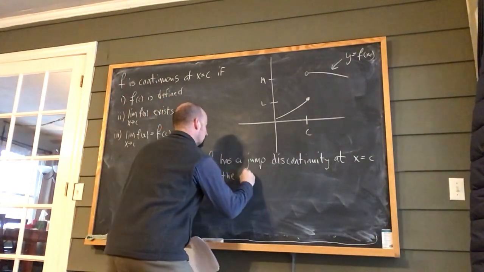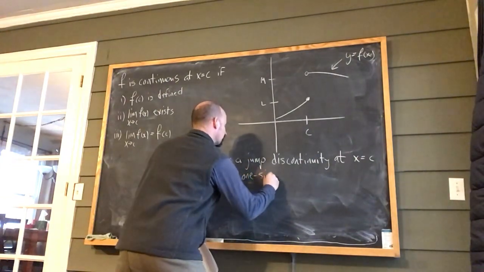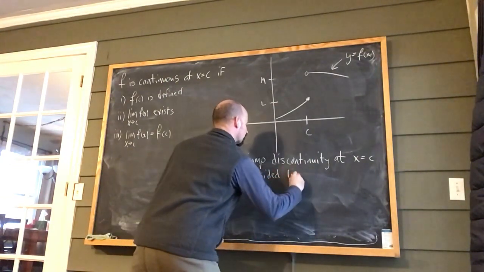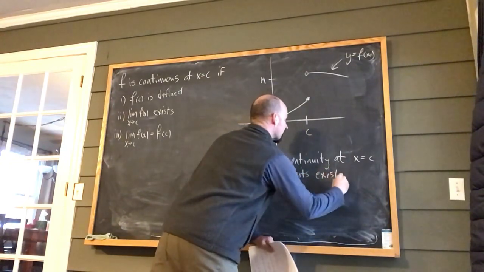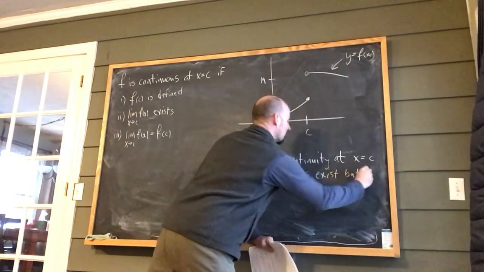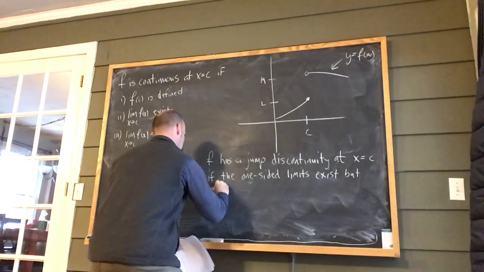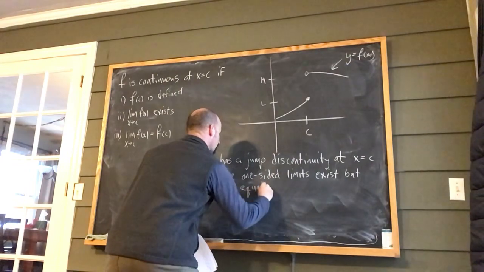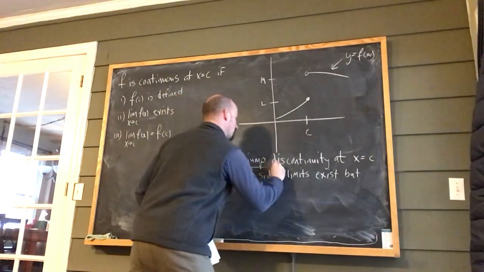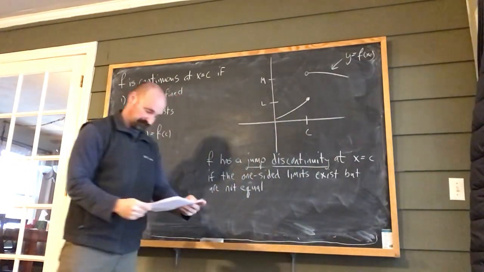So if the one-sided limits exist, but are not equal, we call these jump discontinuities.